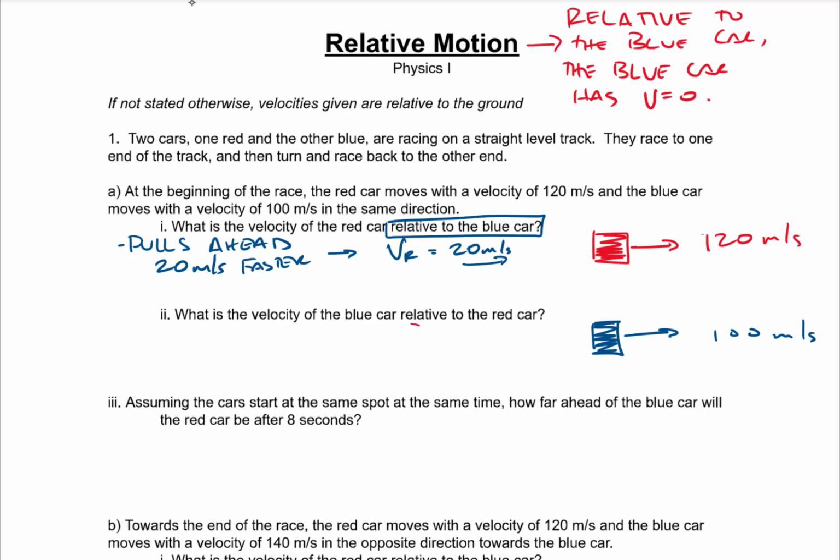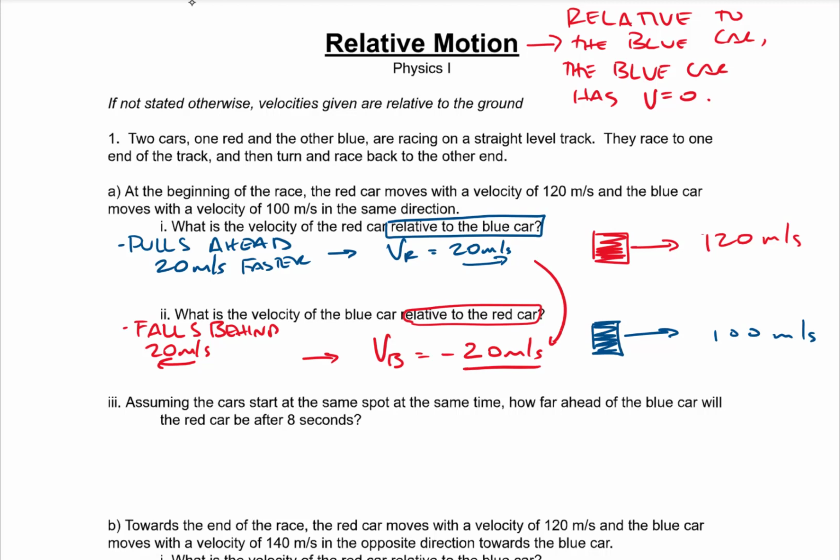And then relative to the red car, the blue car falls behind. It looks like the blue car is going away at 20 meters per second, in that backwards direction. So the velocity of the blue car is negative 20 meters per second.